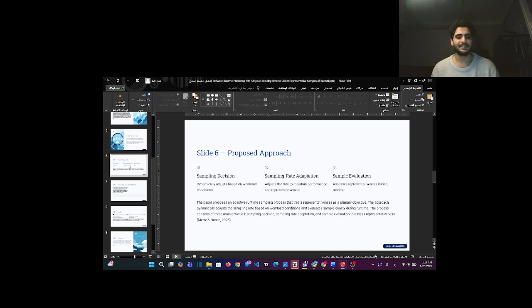The second one is that the sampling rate is adapted dynamically during a monitoring cycle. The third one is sample evaluation, performed to assess whether the collected traces remain representative or not. This design allows the system to balance performance, overhead, and data quality to be more effective.